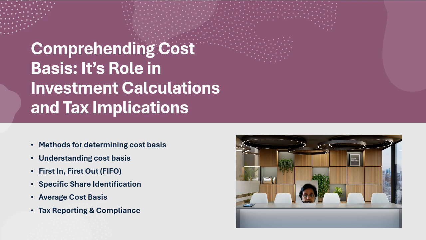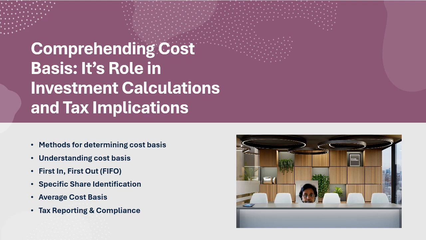First in, first out. Under FIFO, the older shares are considered sold first. This method is the default of most brokerages and simplifies tracking for stocks purchased in multiple lots over time.